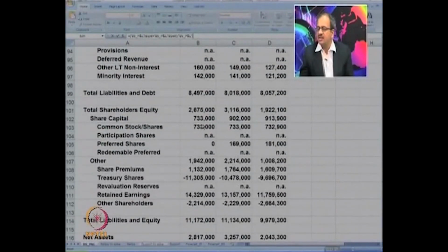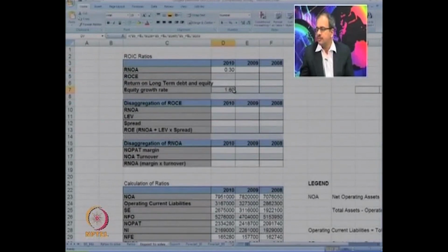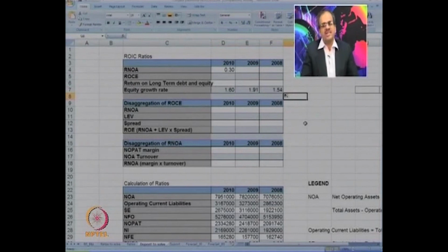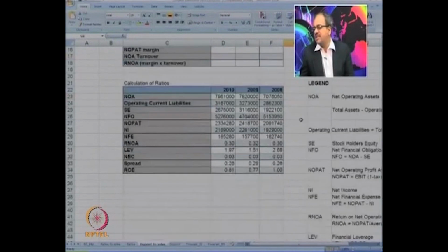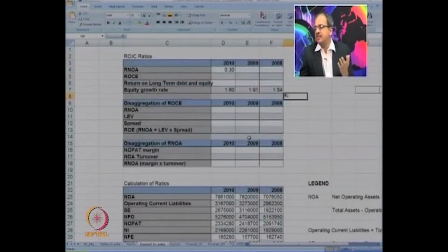You can see here the common stock or shares that represents the common equity. So, 1.60 comes the rate, because net income minus the dividend is a fairly large figure divided by common equity. Right now, I have not taken the average because in the last year we do not have figures for the 2 years. So, this will be the figure.